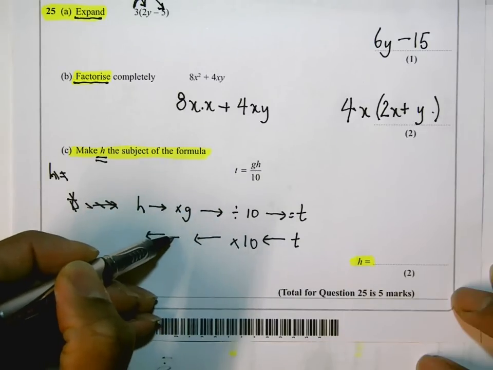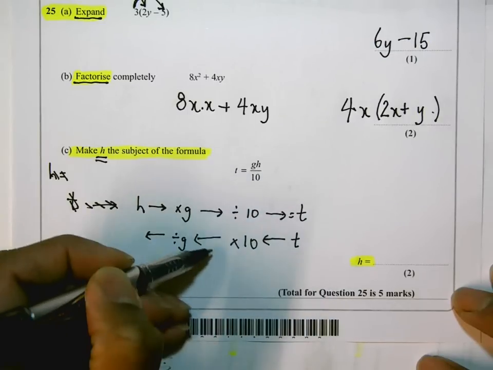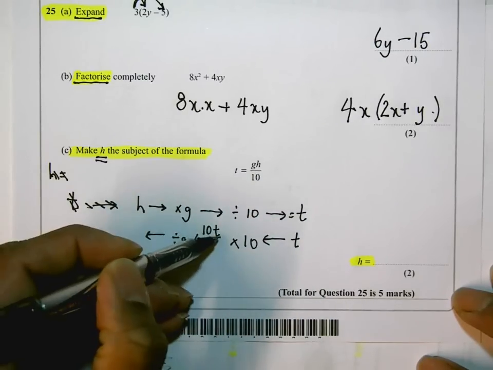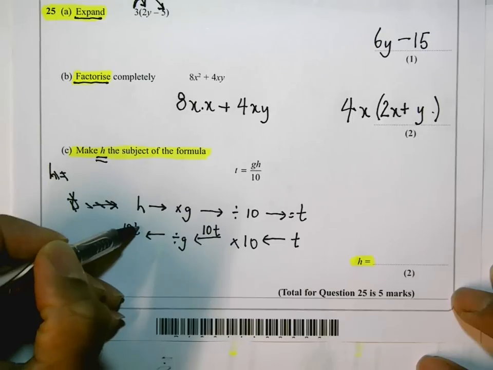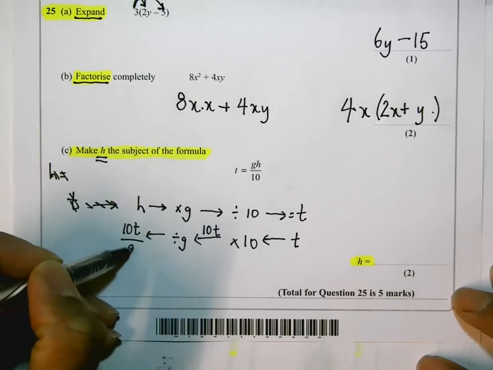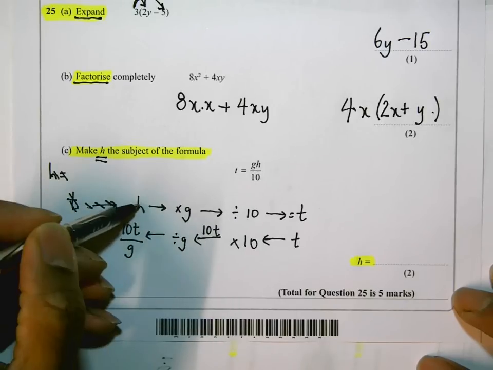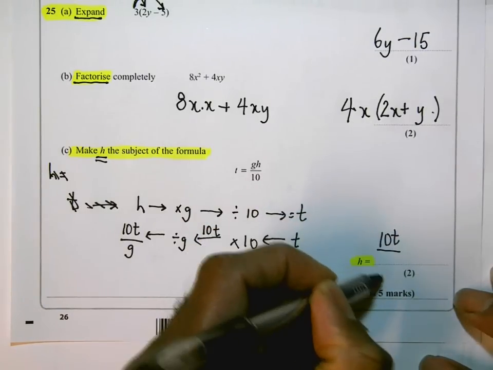So t times 10, that's 10t. 10t divided by g. That is pretty much my answer. h is 10t divided by g.